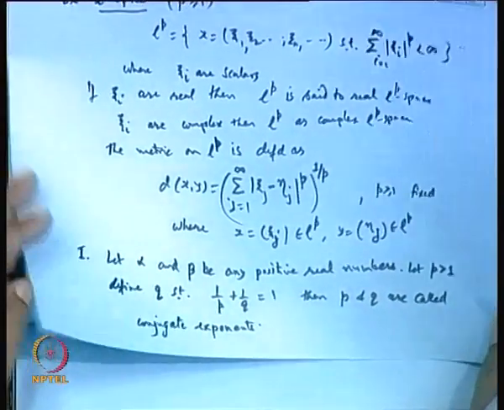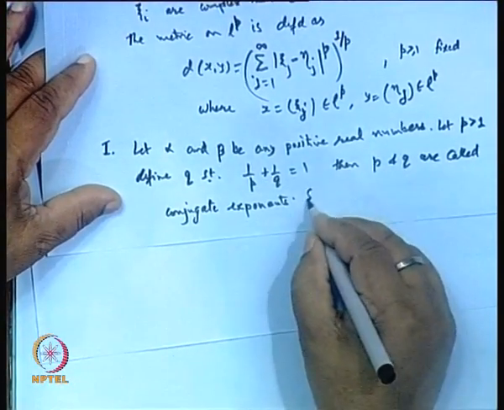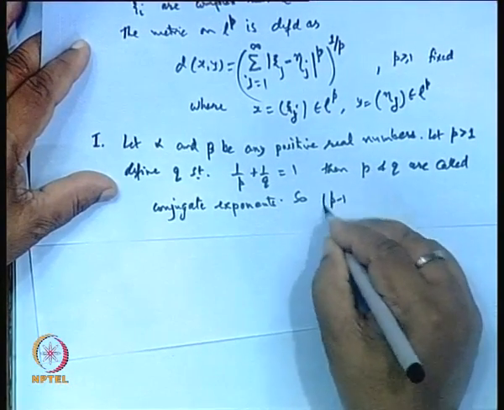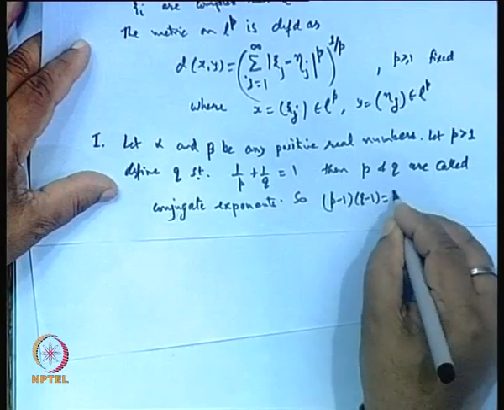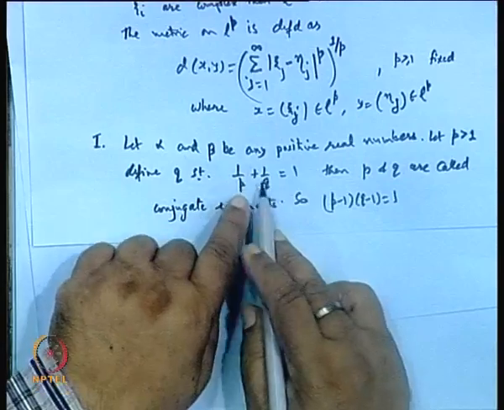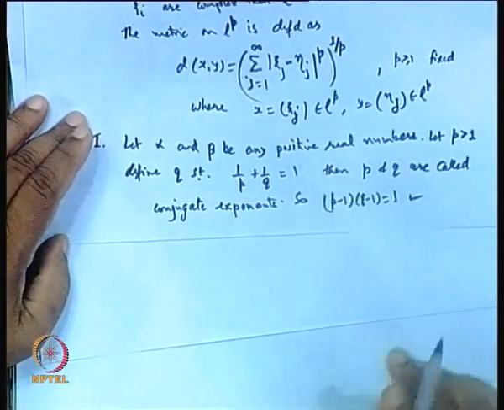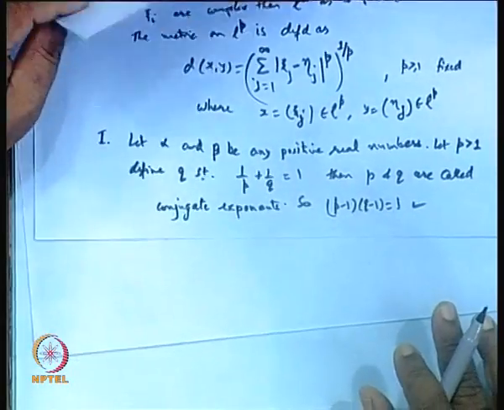Obviously when this condition is satisfied, we get (p − 1)(q − 1) = 1, which can easily be seen: q + p is pq, and immediately we get this result. Okay. Clear?